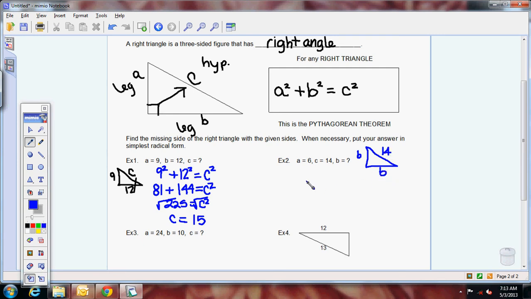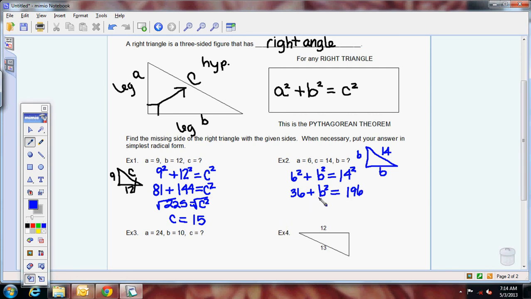So this one's going to be a little different. We have 6 squared plus, I don't know what B is, so B squared equals 14 squared. So we have 36 plus B squared equals 196.